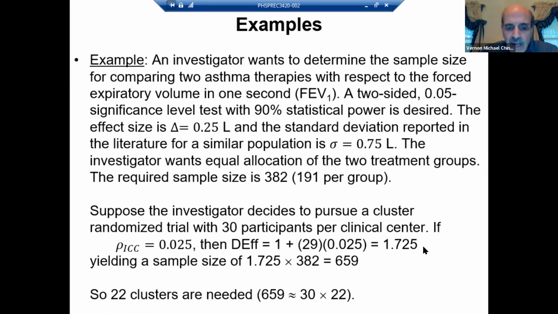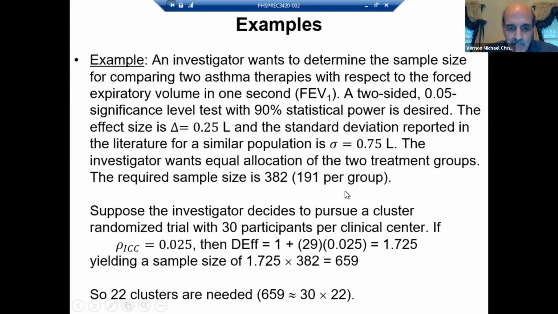So for the cluster randomized trial, the researcher would need 659 individuals, 1.725 times 382. That was calculated up here. So that's roughly 22 clusters, because 22 times 30 would give you 660.